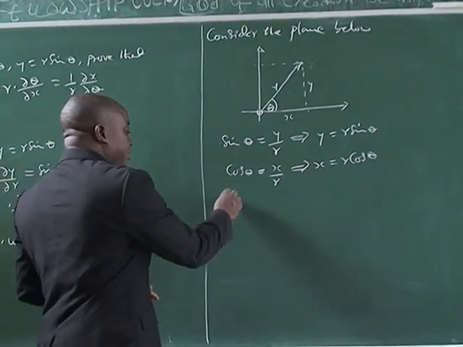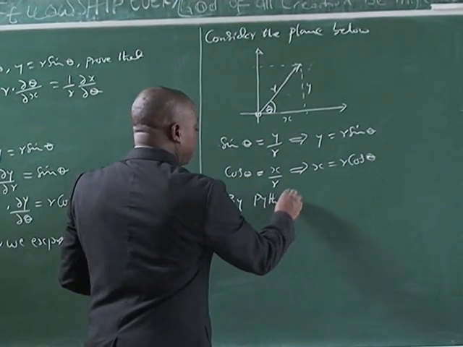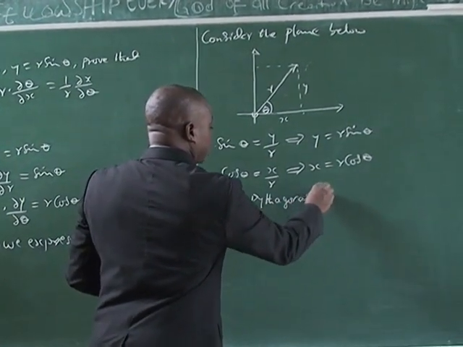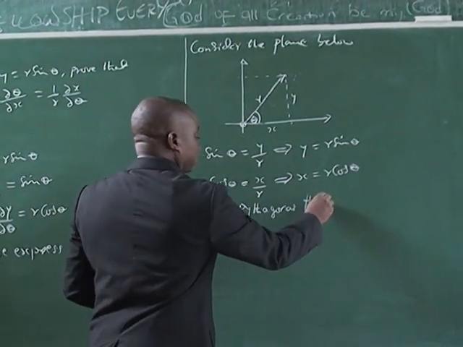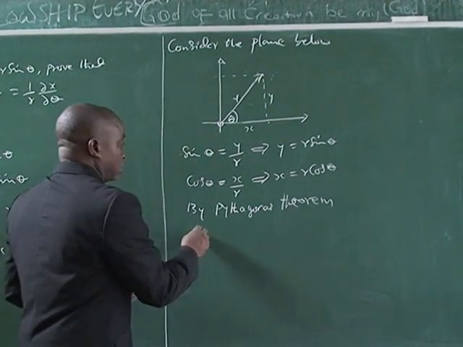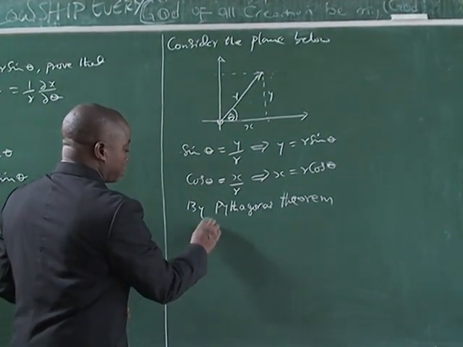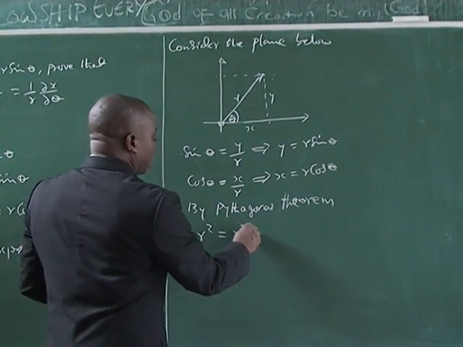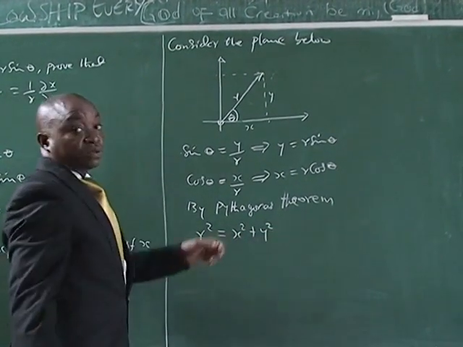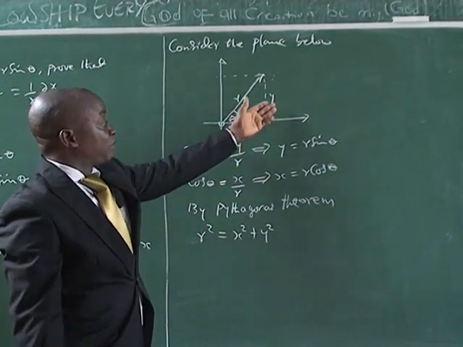And we know that by Pythagoras theorem, r squared will be equal to x squared plus y squared. R squared, the hypotenuse, will be equal to x squared plus y squared.